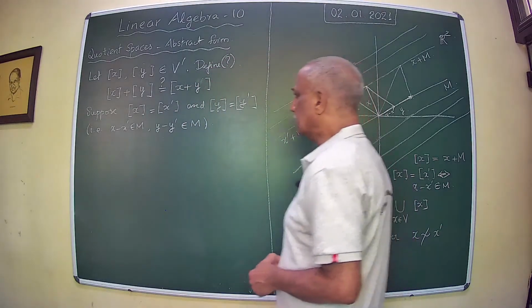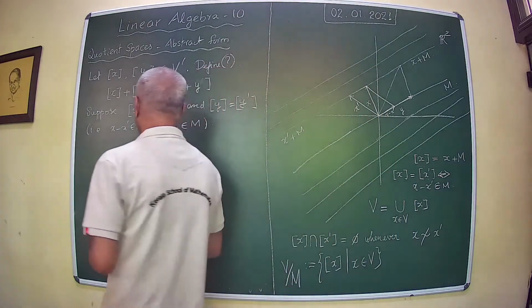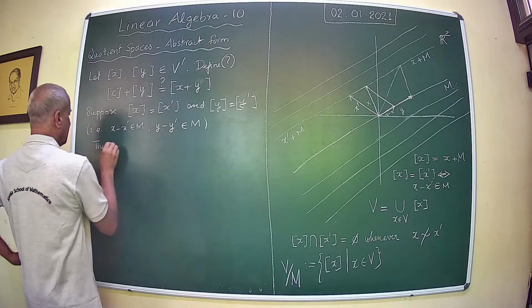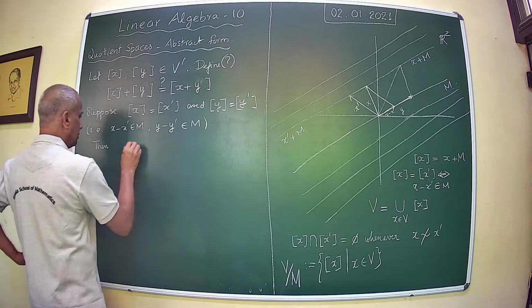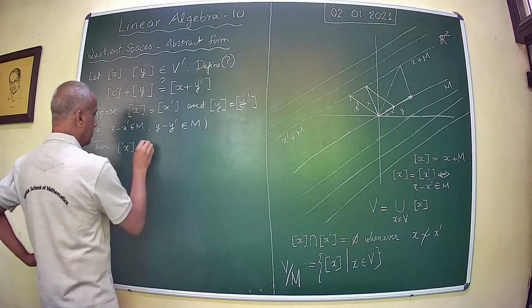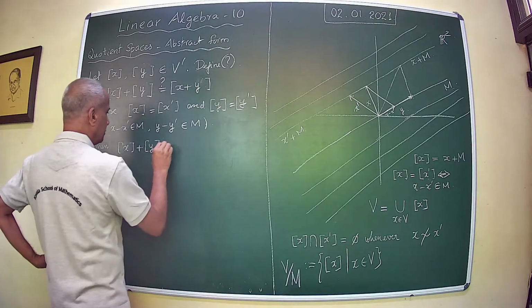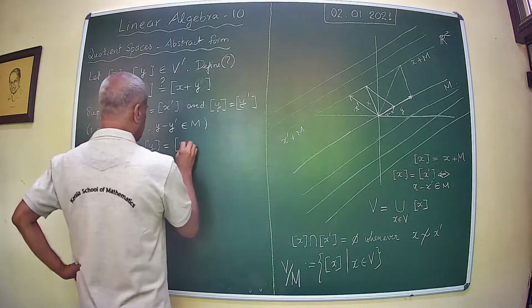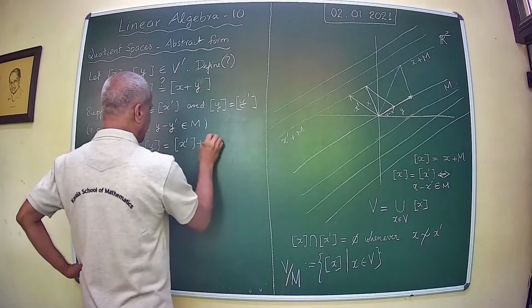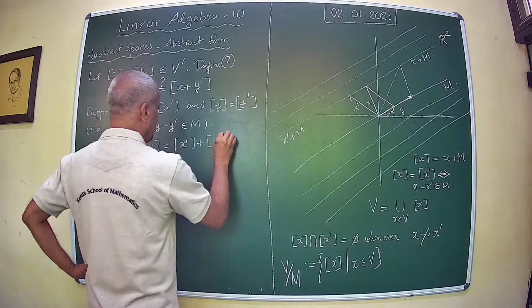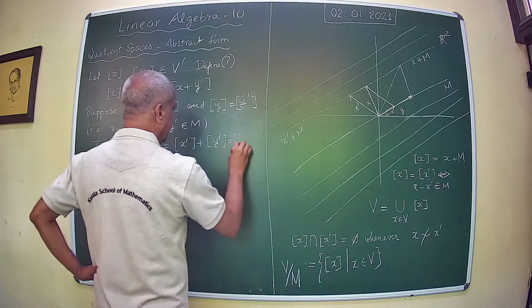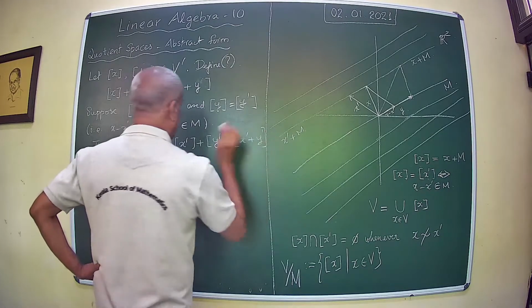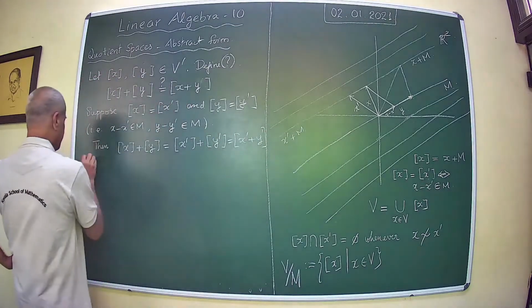Then you see that x plus y is also equal to x prime plus y prime.